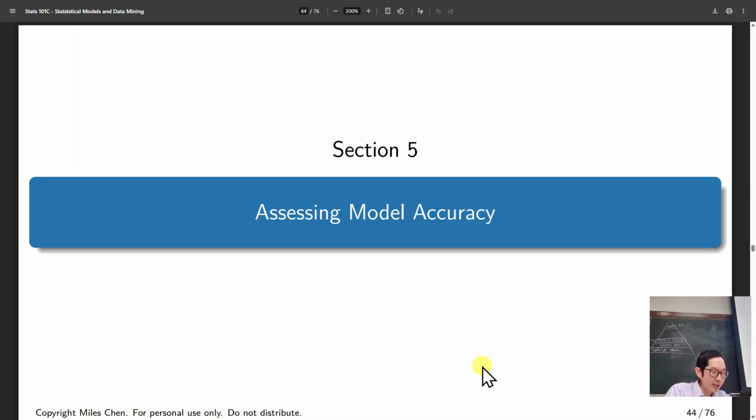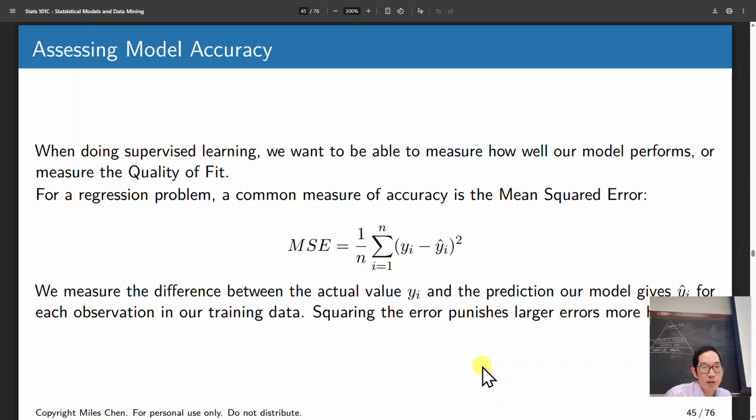All right, so how do we measure model accuracy? I guess I talked a little bit about this already. As far as having our models, we want to say, is our model performing well, right? Because if it's not, we want a better model, okay? And so for regression, we often use mean squared error, okay?